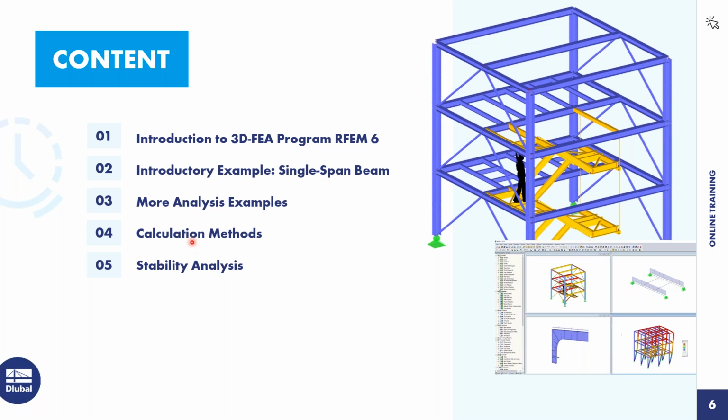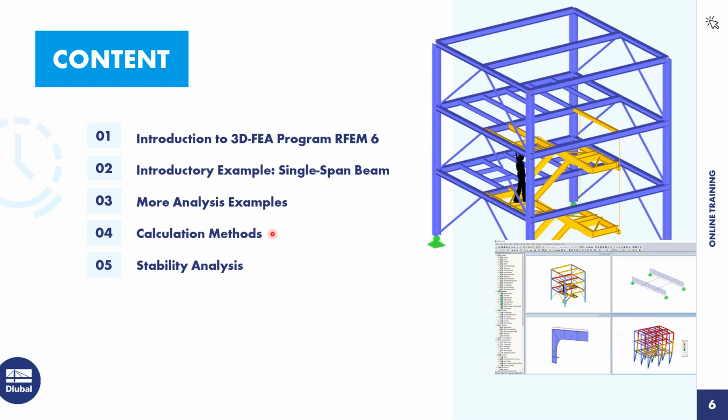So what we do today is, first of all, I give you an introduction to the 3D FEA program RFEM 6. I will show you where you find all necessary tools, functions, options, and so on. Then together, we will do an introductory example, a very easy single-span beam with a single load. And then we continue with more analysis examples: continuous beam, frame, truss, and so on.